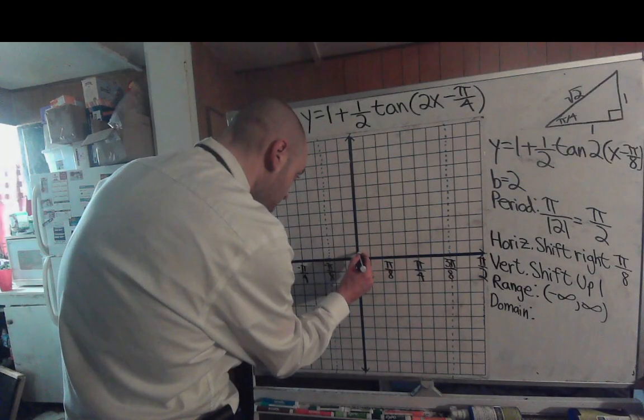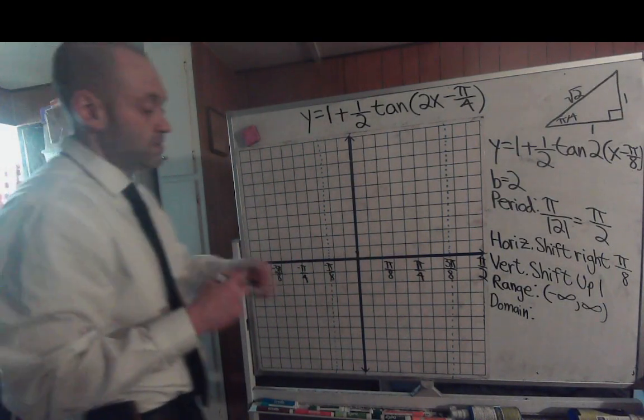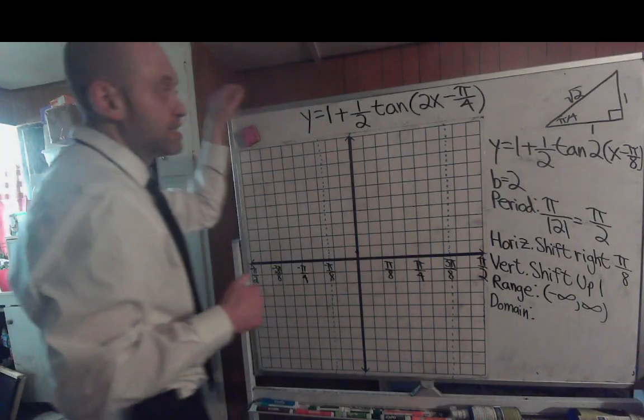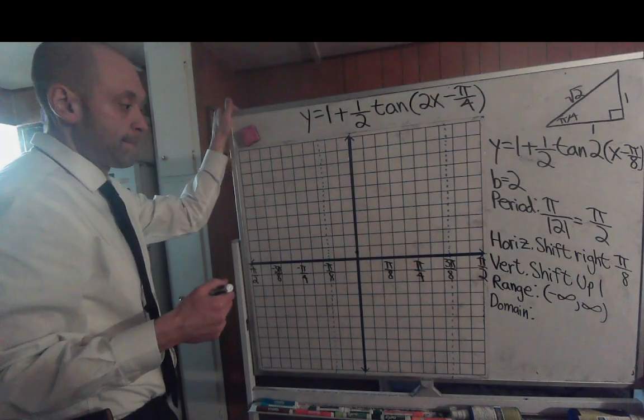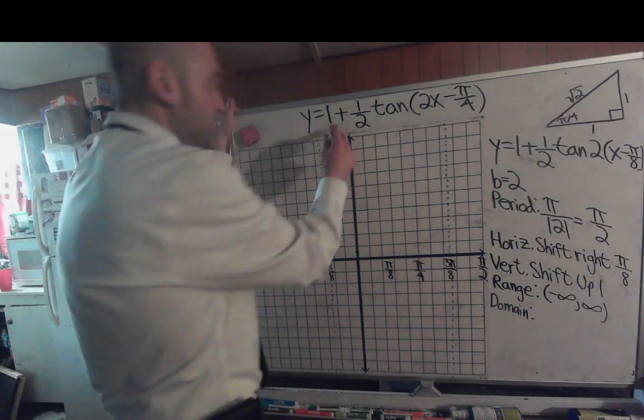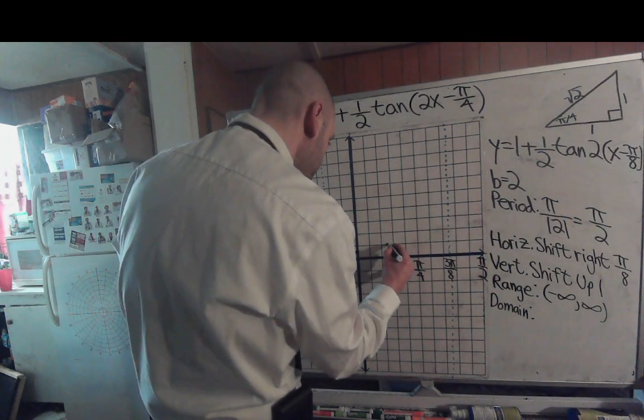So at 0, I'm up at positive 1/2. Now let's put in pi over 8. 2 times pi over 8 is pi over 4 minus pi over 4, that's 0. Plus 1 is going to be 1. So at pi over 8, I'll have a value of 1.